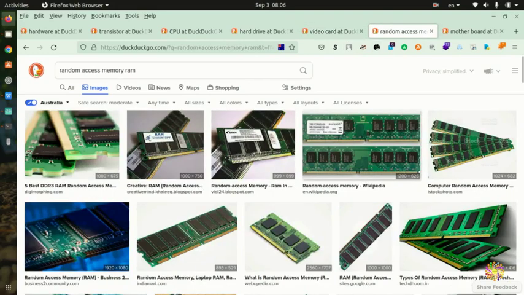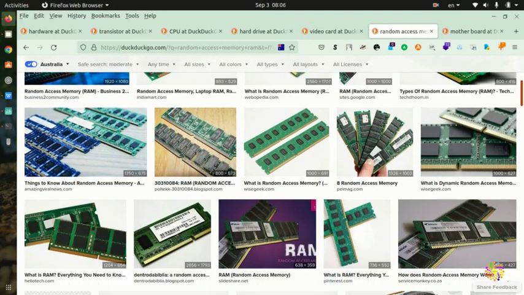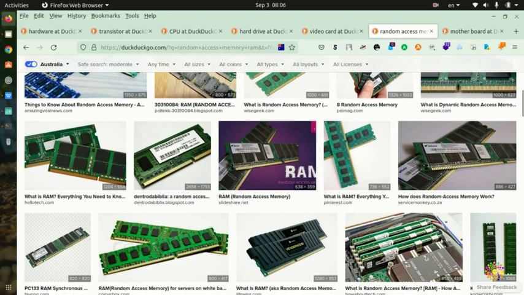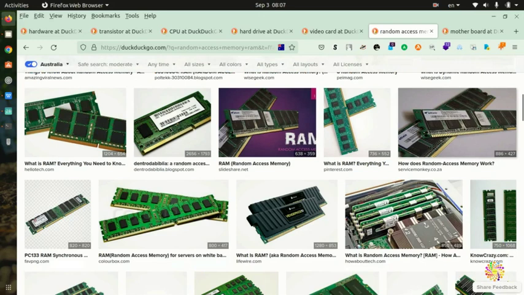Okay, this is random access memory. It goes in the computer too, and as I said, there are different types of random access memory. Some are 2 megabytes, some 2 gigabytes, some 1 gigabyte, depending on how much money you want to spend. If you have a computer, you can go to a computer store and increase it like this.